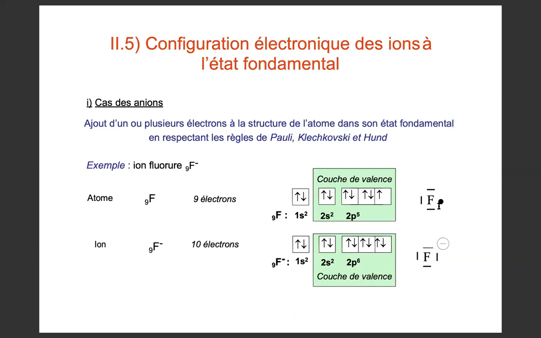So if it now forms an ion, when it gains another electron, this one will no longer be lone, it will be a pair. Fluorine, 1, 2, 3, 4, 5, 6.